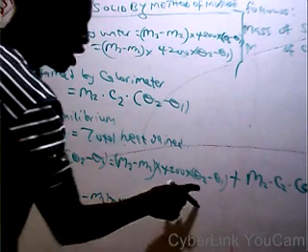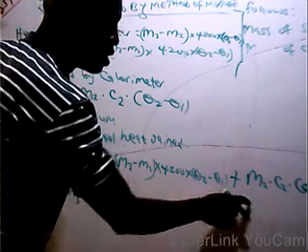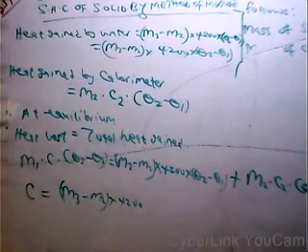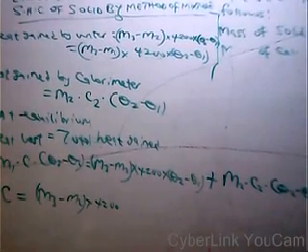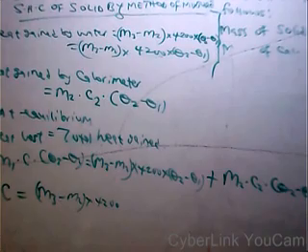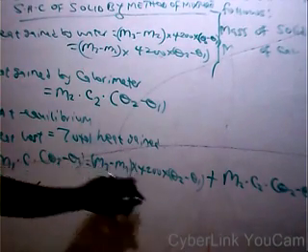Now, I want to factor out theta 2 minus theta 1 from here, because theta 2 minus theta 1 is common to water and calorimeter.